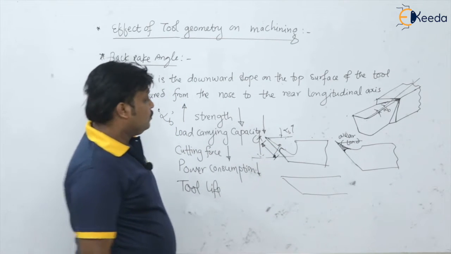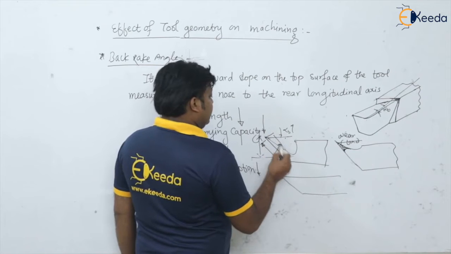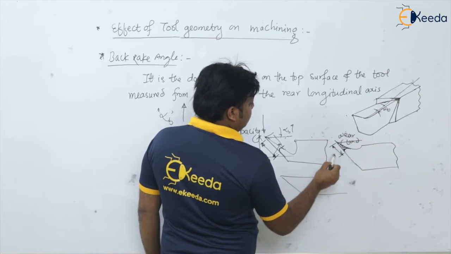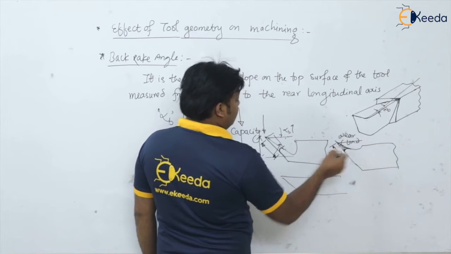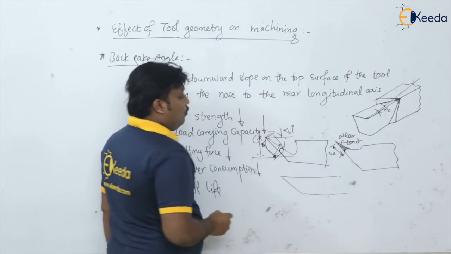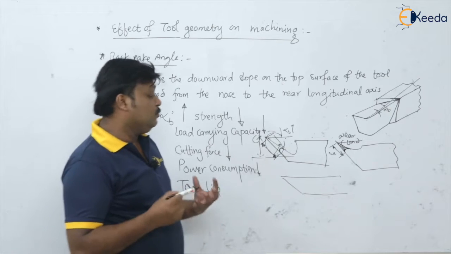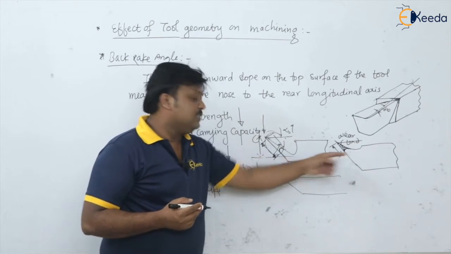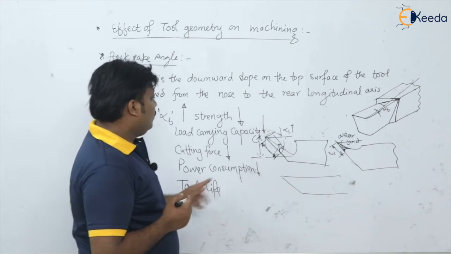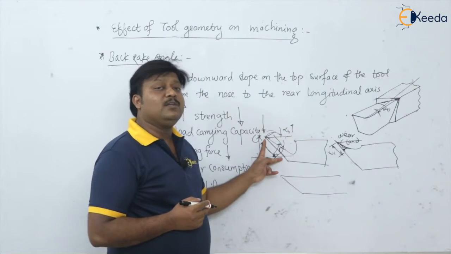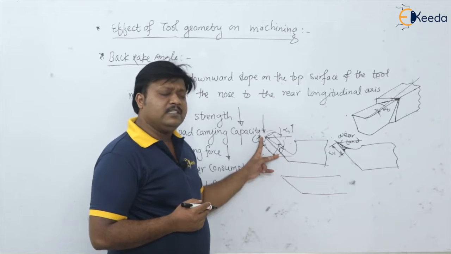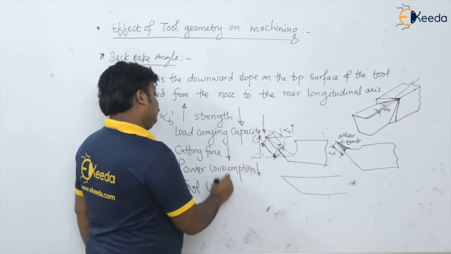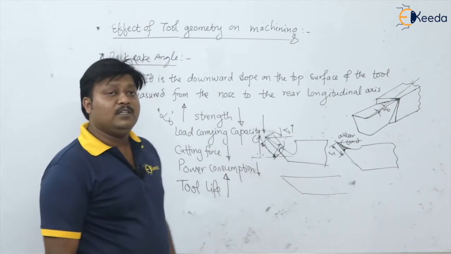Definitely here the time is more, and here the wear land is less, while here the wear land is more. So I can use the tool for a maximum amount of time here compared to this rake angle. So of course, when we go on increasing the back rake angle, tool life is going to increase. Please remember this.